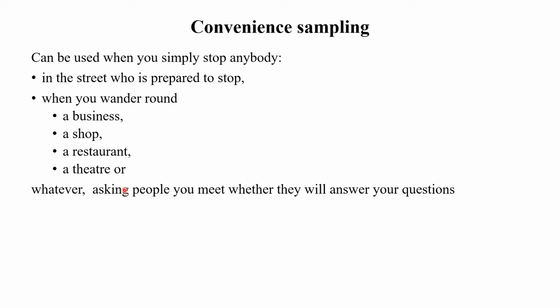People you meet, you ask them whether they're willing to answer the questions. If they're willing, we say consent taken, and you have a questionnaire, we ask them to fill the questionnaire. Or an interview, we just interview them. It's convenience sampling, right? At your convenience.